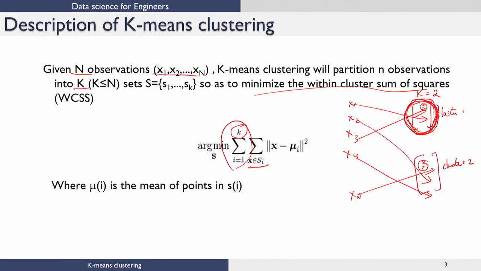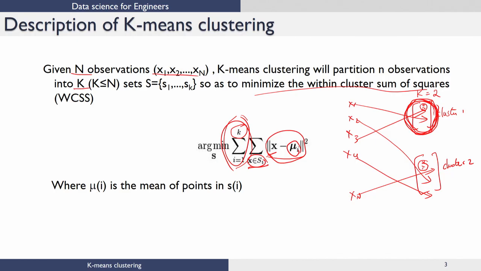So, there is a double summation. The first summation is for all the data that has been identified to belong to a set. I will calculate the mean of that set and I will find a solution for these means in such a way that this within cluster distance, x, which is in the set, minus the mean, is minimized, not only for one cluster, but for all clusters.